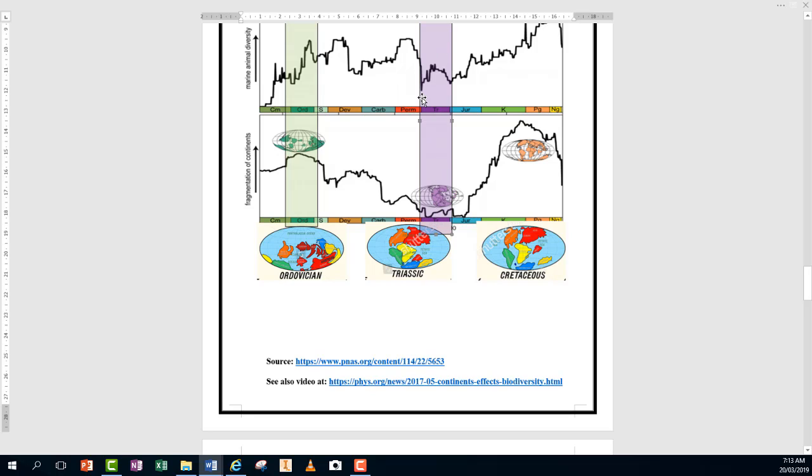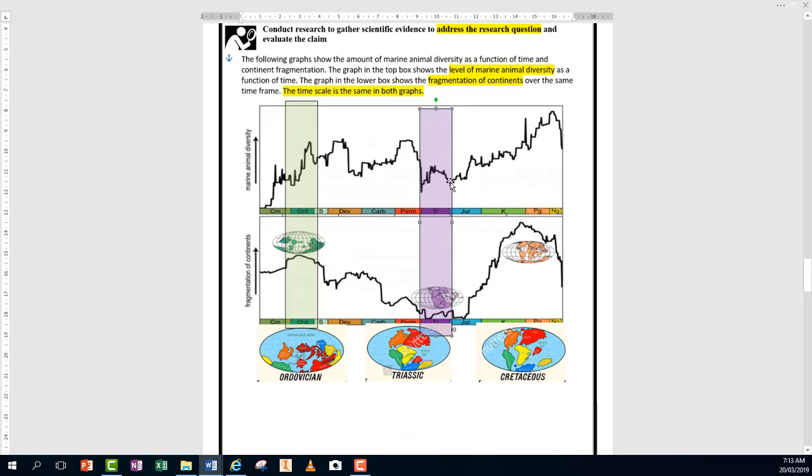So straight away, that point we were looking at in the marine diversity has happened right at the beginning of the Triassic period, and really when you look at it, just about everywhere on both sides of the graph is higher than it is in the Triassic period.